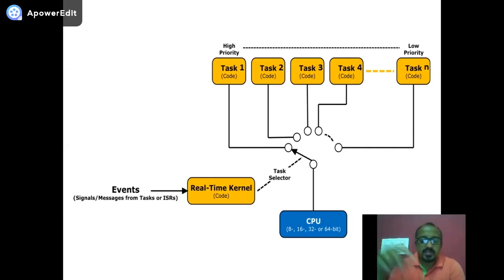Which is the important resource? The CPU. The CPU is the important resource of any embedded system, and its CPU time is very precious. It has to be allocated to all the different tasks. The operating system allocates it, and based on that allocated time, these tasks execute their code.